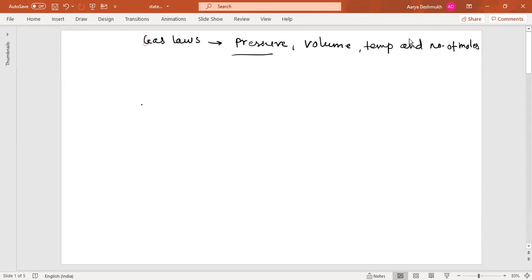So these are the four variables, 1, 2, 3, and 4, which will help you to study the behavior of gases. And these variables and measurable properties of gases are related to one another through different gas laws.